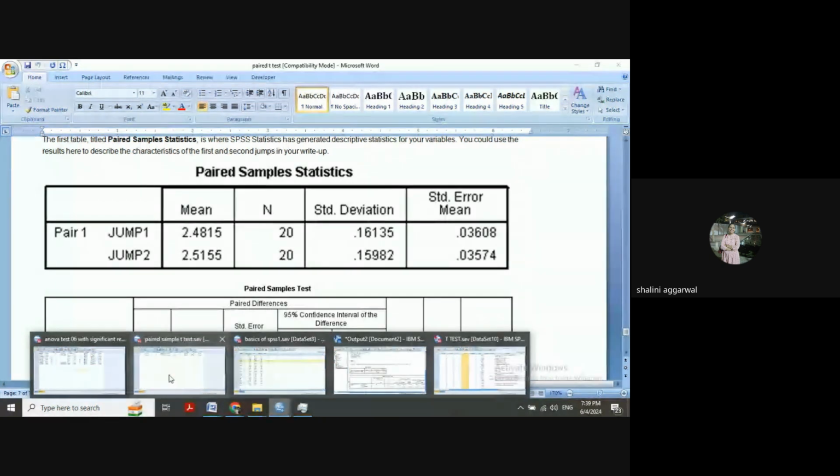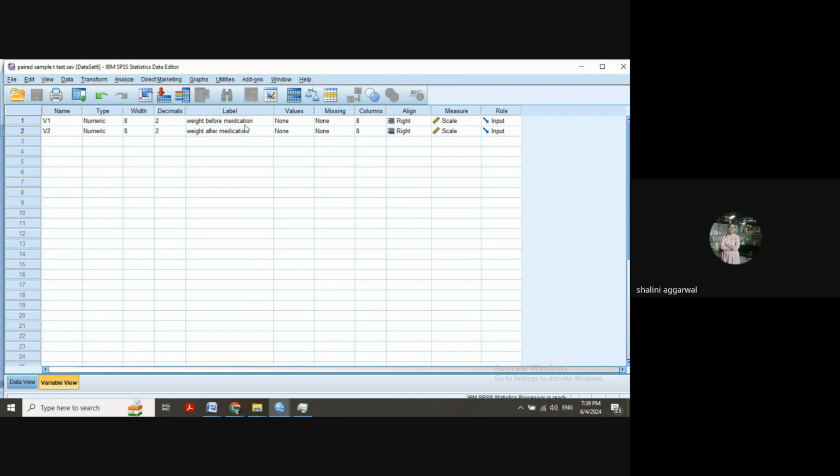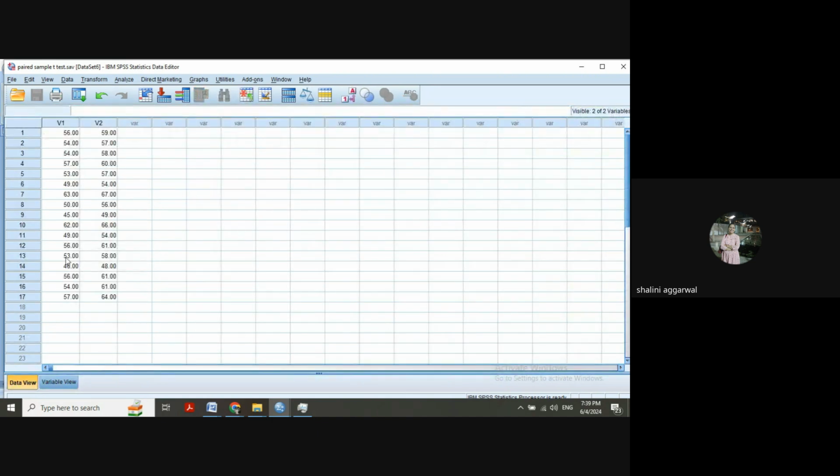Where is it? Yeah, paired sample t-test. So what did we do in this? There are two variables, V1 and V2. What is V1? Weight before taking the medication, and weight after taking the medication. So I have put the sample over here of the people before and after taking the medication.